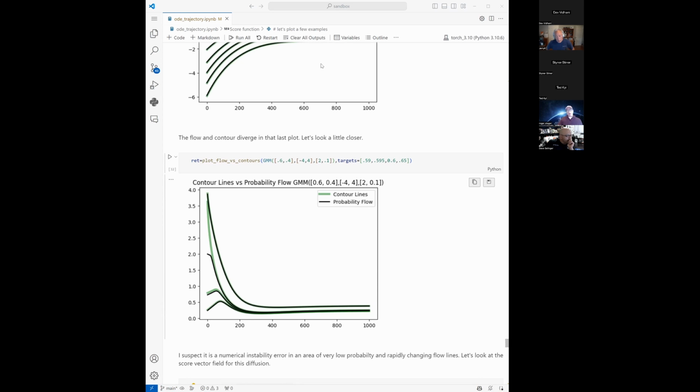Dave, is your hand up again? Yes, Roger. This makes really good sense now, because earlier one of my thoughts was that the contour lines correspond to the actual probability density flow, if you may, for that point at the original prior or whatever data source it is.